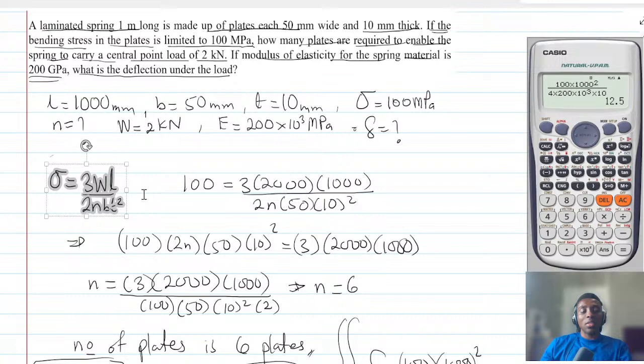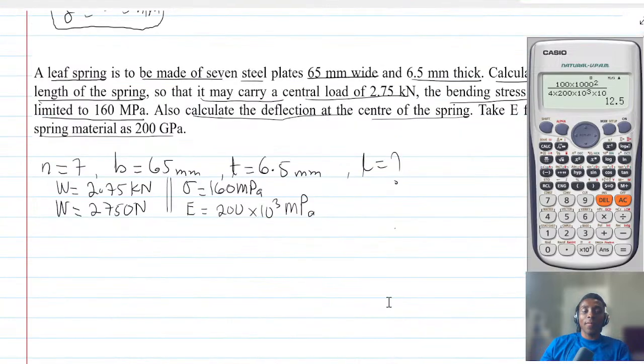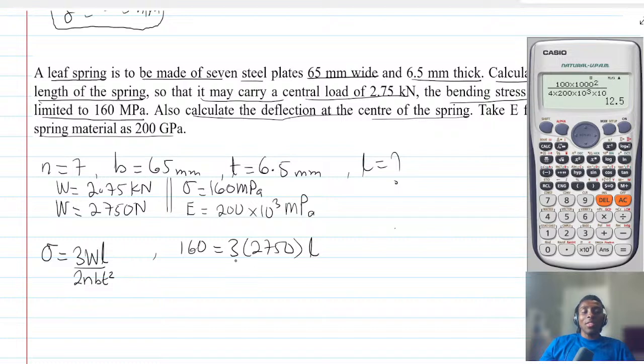So let me just copy this. So essentially, everything is here. So 160 is equal to 3 times 2750 times L, which is the length that we want, divided by 2 times the number of plates, which is 7, times B, the width, times the thickness 6.5 squared.